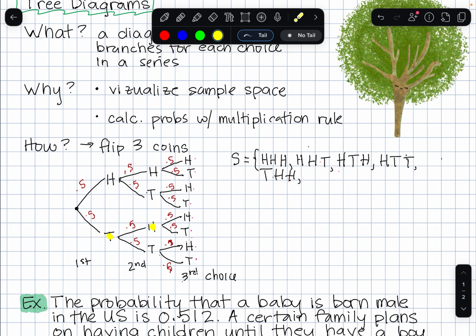I get tails, heads, tails. And then tails, tails, heads. And then tails, tails, tails.